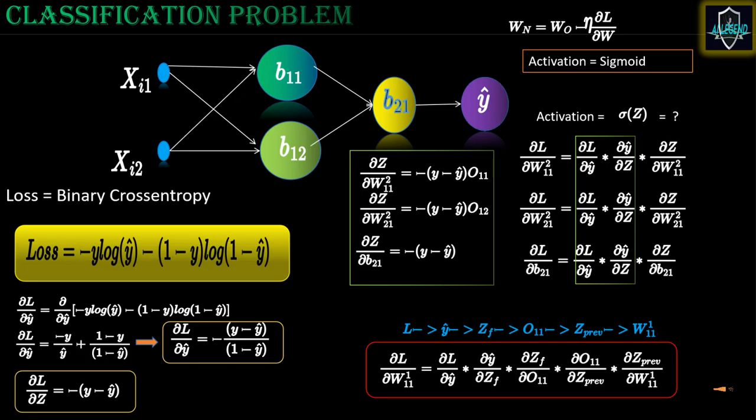And finally we have got del L over del y hat is equal to minus of (y minus y hat) over (1 minus y hat), right? Then we get del L over del z is equal to minus of (y minus y hat).